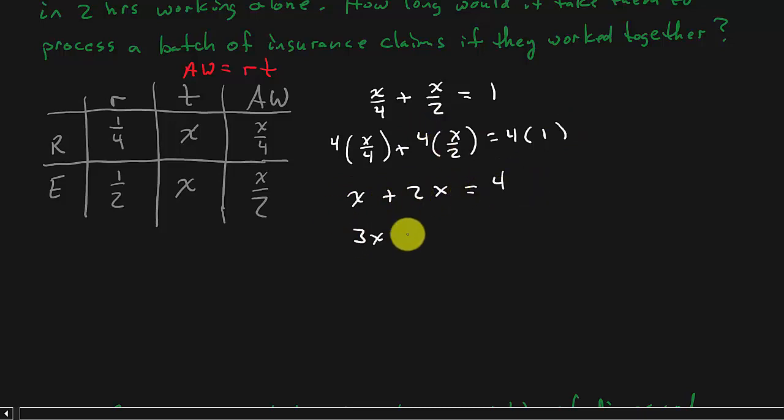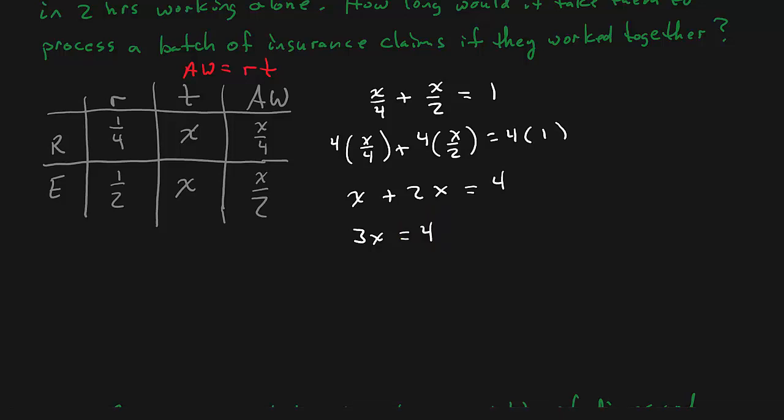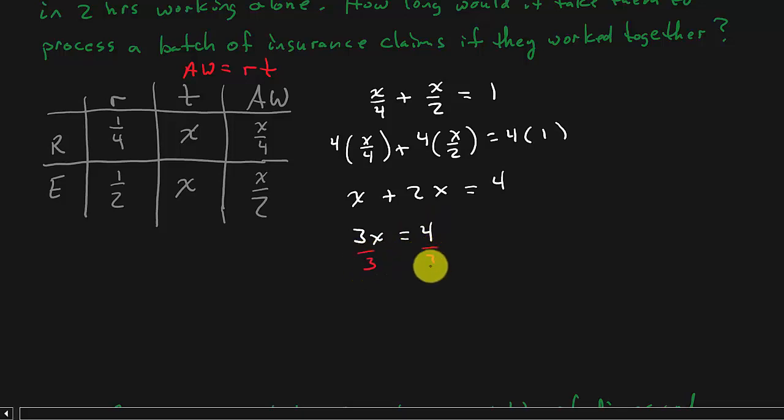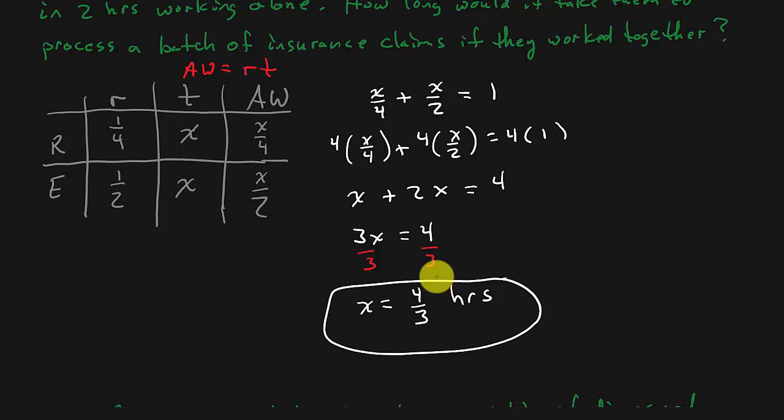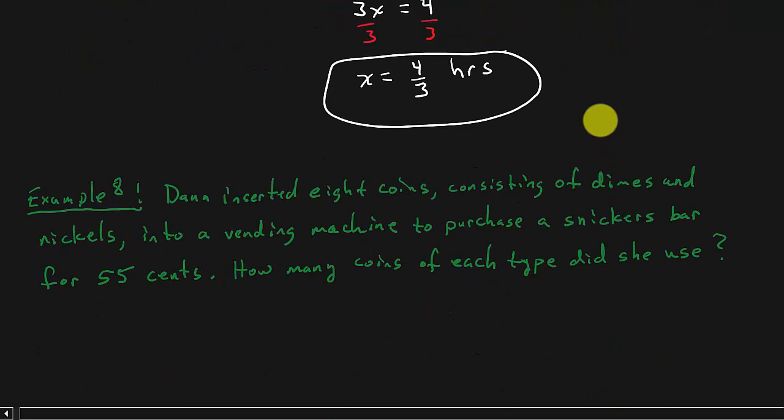And so that's 3x equals 4. Divide both sides by 3. That's going to give me x is equal to 4/3 hours. So that's 1 and 1/3 hours, or 1 hour and 20 minutes. All right, let's look at this.